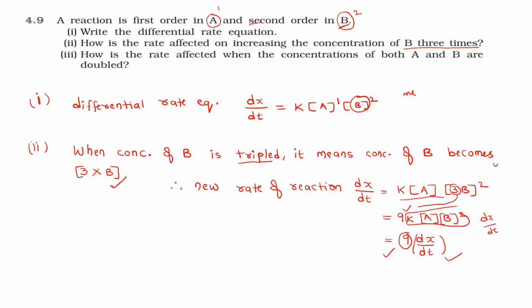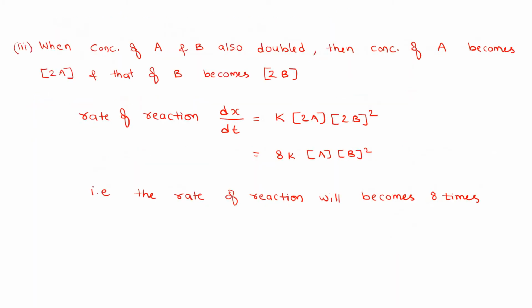Next, one more question they ask. How is the rate affected when the concentrations of both A and B are doubled? Both are increased 2 times here. Then take again the rate expression: dx by dt is equal to k into concentration of A, concentration of B whole square. In place of A, it will be 2 times, and in place of B, 2 times.